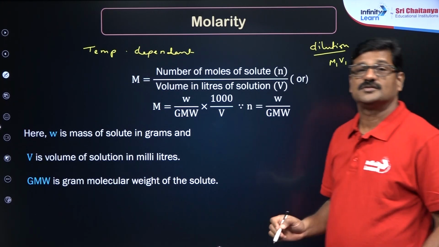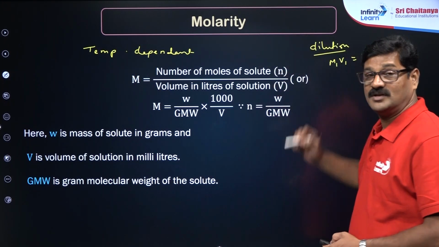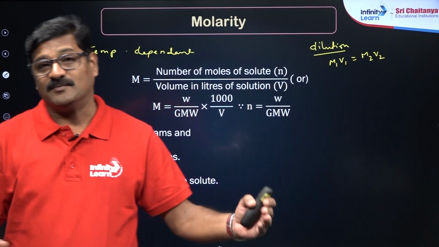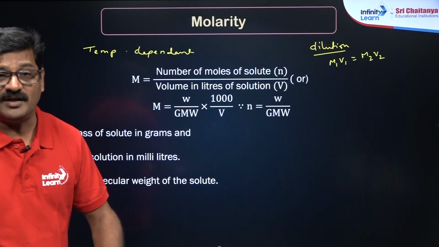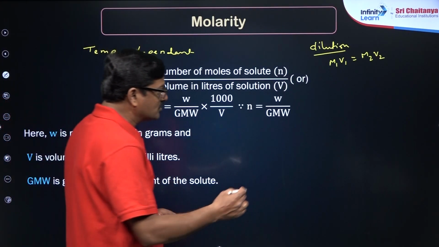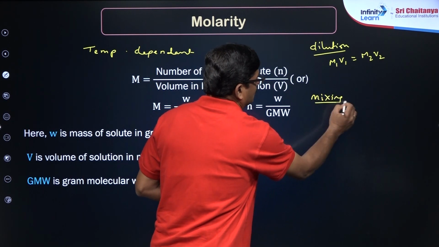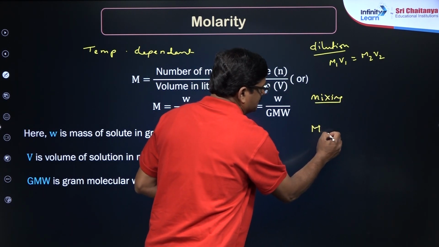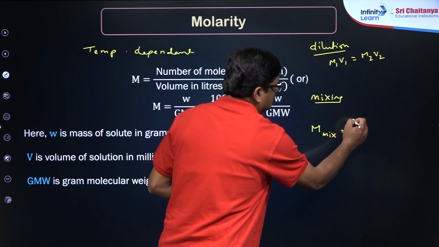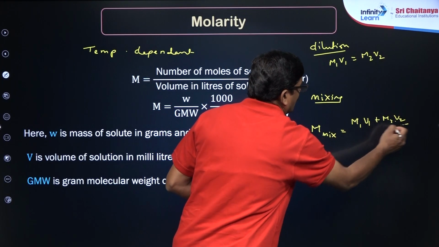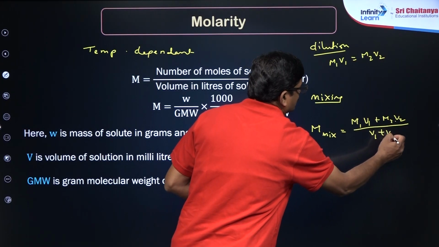This is the dilution law, where M1 V1 is the molarity and volume before dilution, and M2 V2 is the molarity and volume after dilution. When the solutions are mixed, the molarity of the mixture is equal to M1 V1 plus M2 V2 upon V1 plus V2.